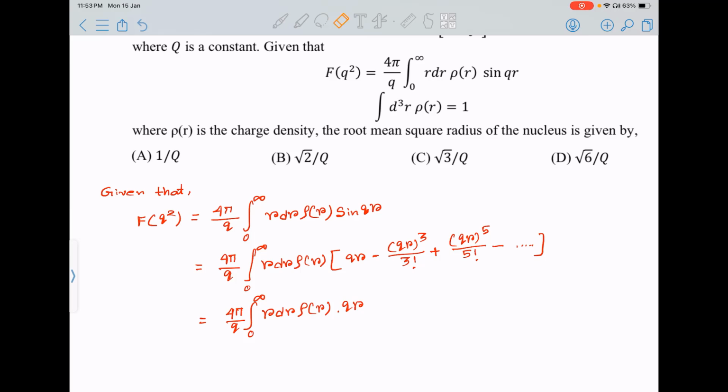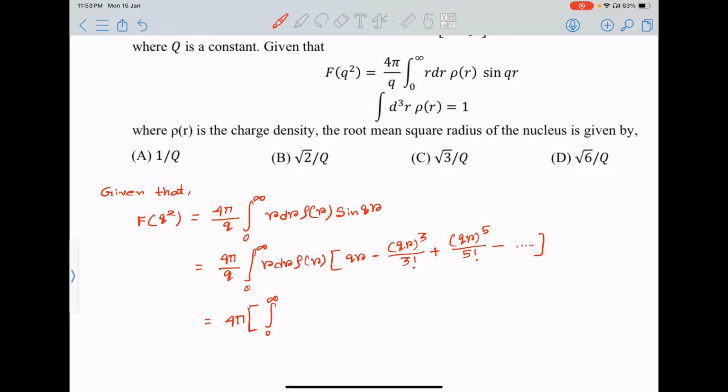Okay, let me just rewrite this part for more clarity. So it will be 4π ∫. So 1/q and q will be cancelled.